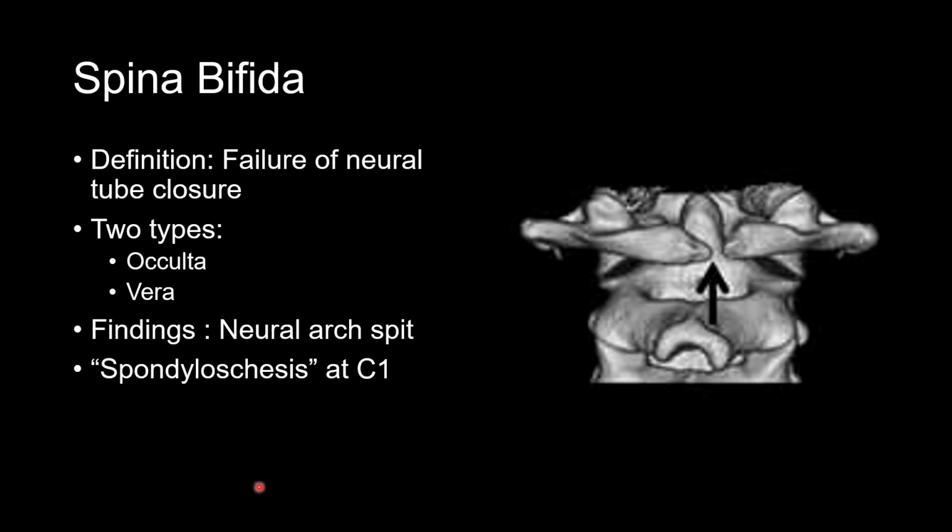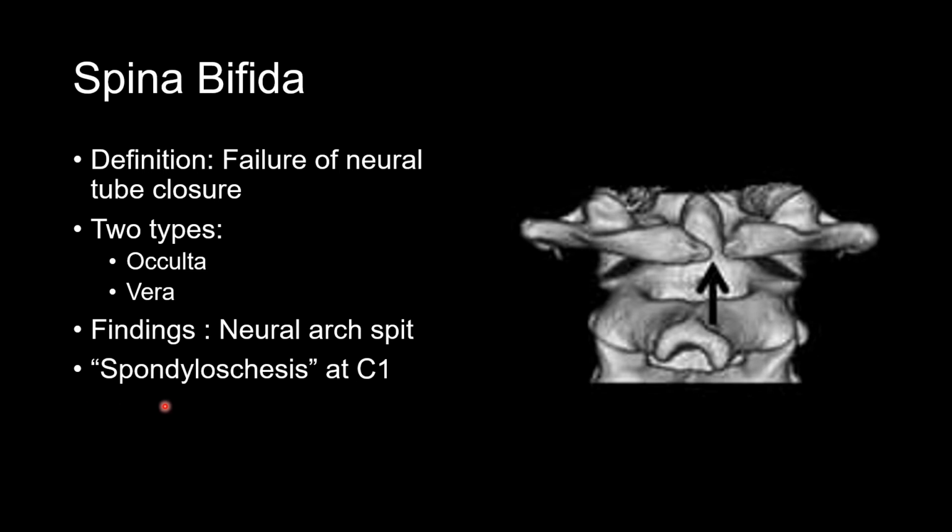Spina bifida, and in this case, this is a spina bifida occulta. It's a failure of the posterior elements of the neural arch to fuse together. So there's occulta and vera. Occulta is like this, as I said, and vera would be a wider or more open type of agenesis or failure of closure.